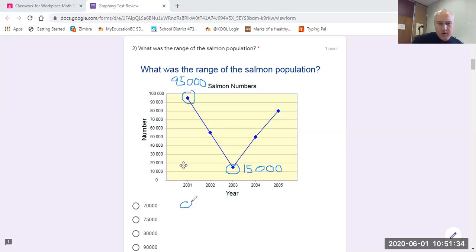So if I look at my highest value, which is 95,000, and I look at my lowest value, which is 15,000, the difference between those two, when I plug it into the calculator, is going to be 80,000. So that would be my value there. And let's just plug that into the calculator just to make sure we understand where we got that number from.